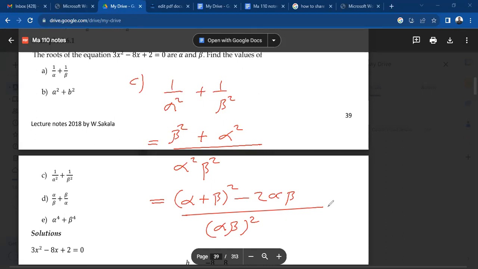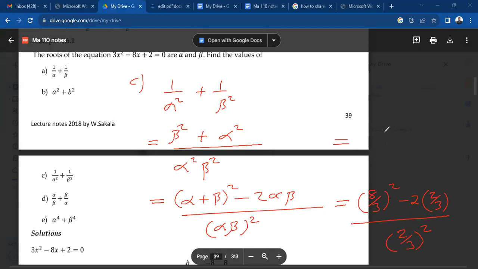Then you can substitute your values. Alpha plus beta, we found as 8 over 3, and of course it's squared here, minus 2 alpha beta, which we found as 2 over 3, then over alpha times beta, which we found as 2 over 3, squared. We are from solving the numerator.